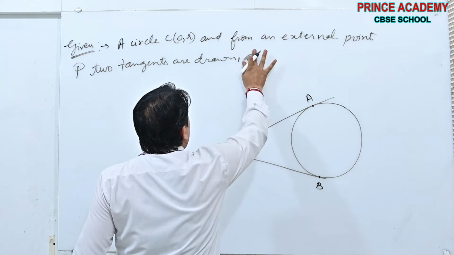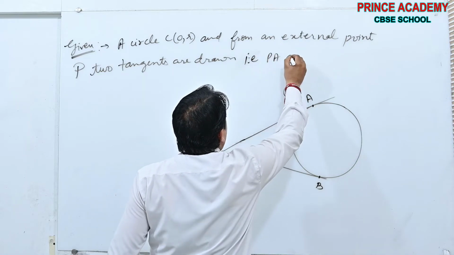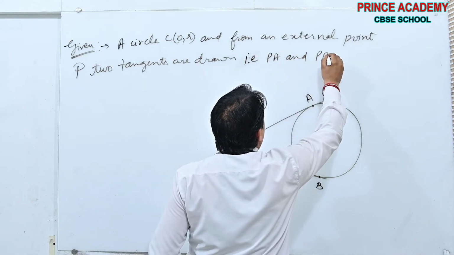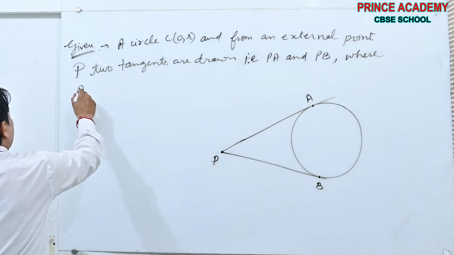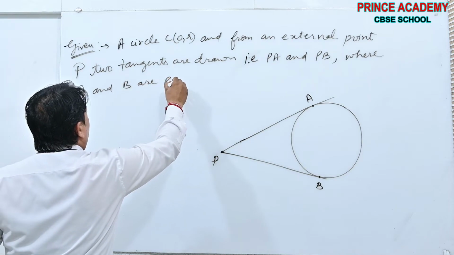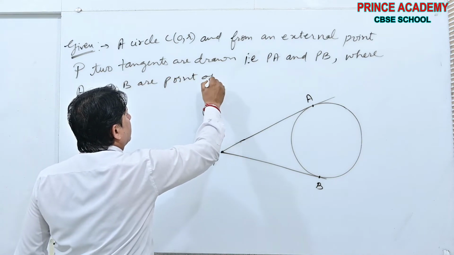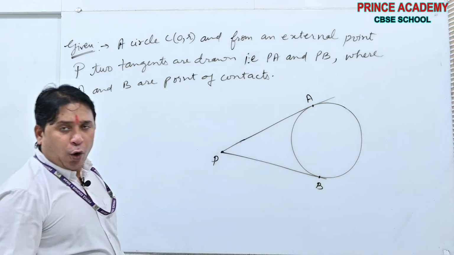That is, this is the symbol for that, beta. That is PA and PB, where A and B are points of contact.